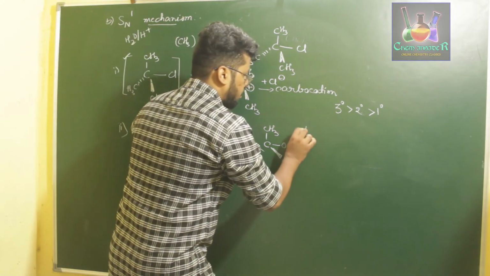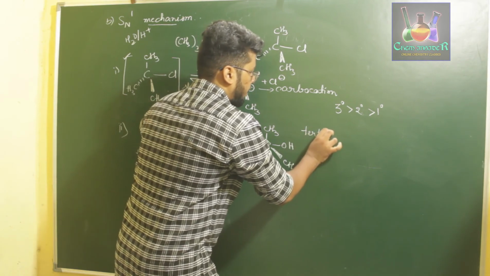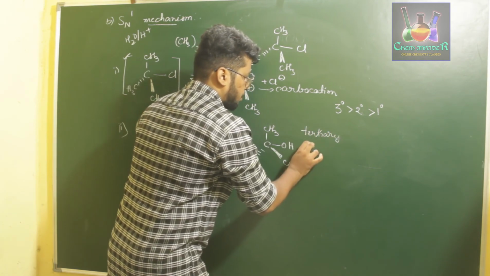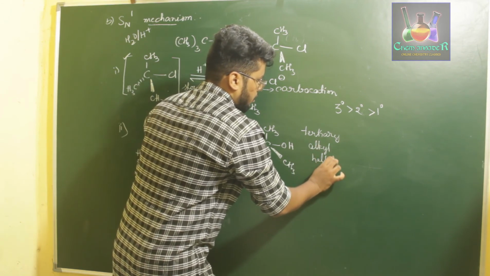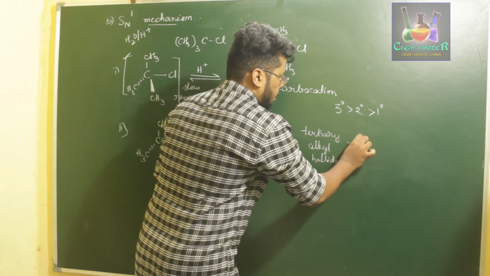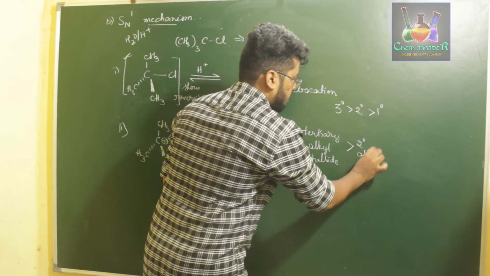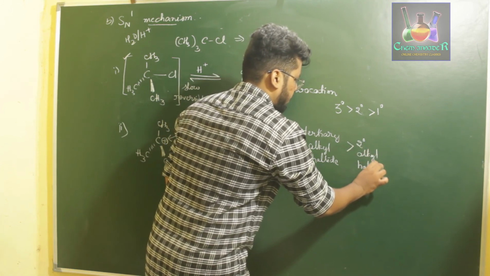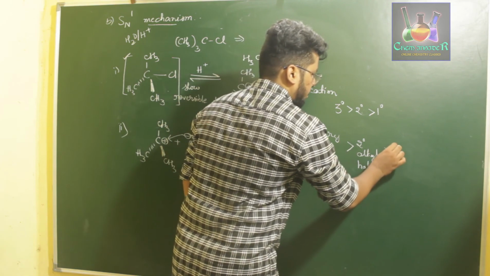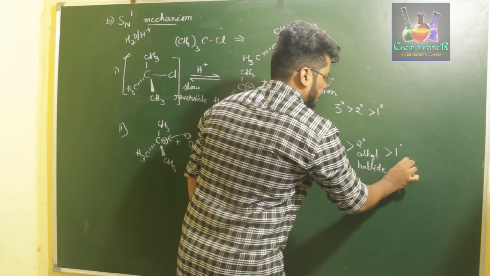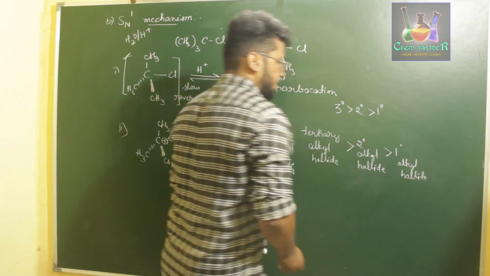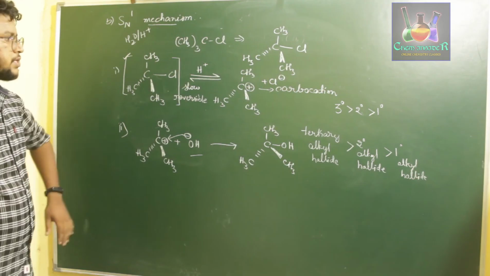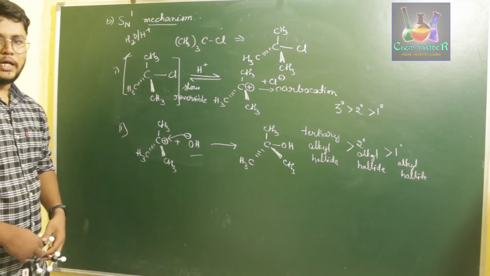So therefore, tertiary alkyl halide is more reactive than secondary alkyl halide, which is more reactive than primary alkyl halide under the SN1 mechanism. So this is the SN1 mechanism.